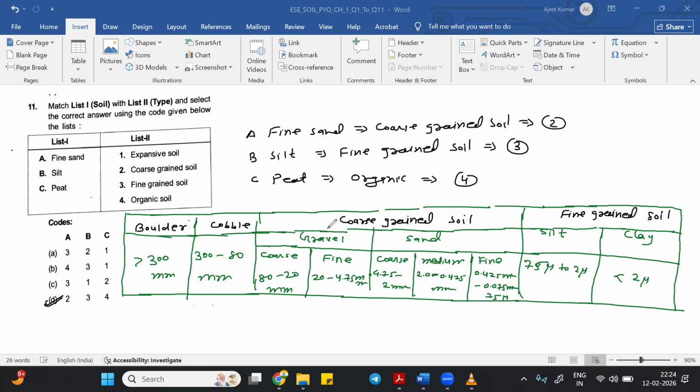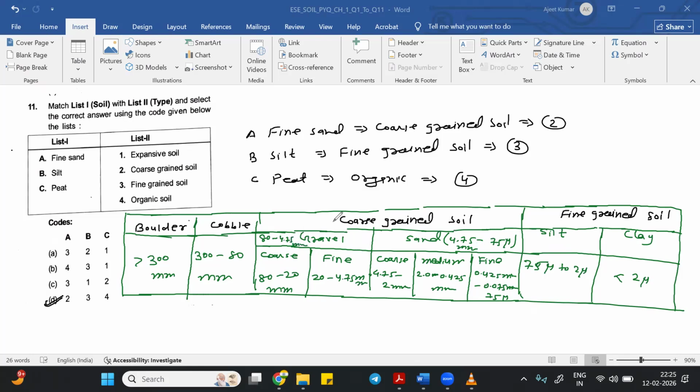Okay, so coarse grained soil is sand and gravel. Sand lies between 4.75 mm to 75 micron, and gravel is 80 to 4.75 mm.